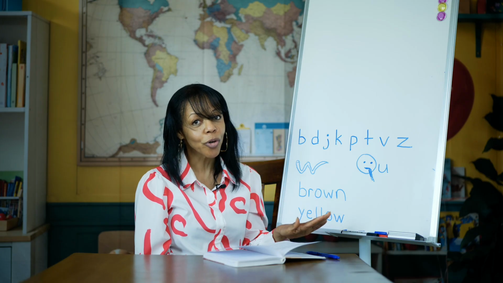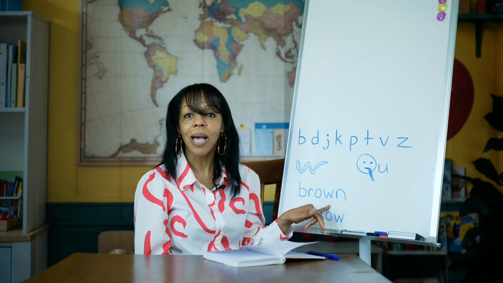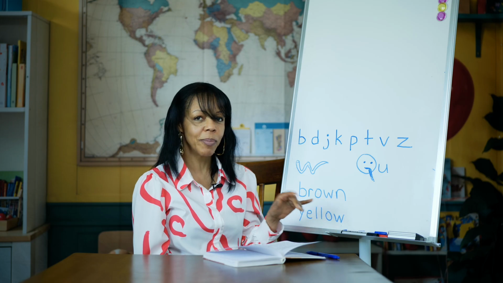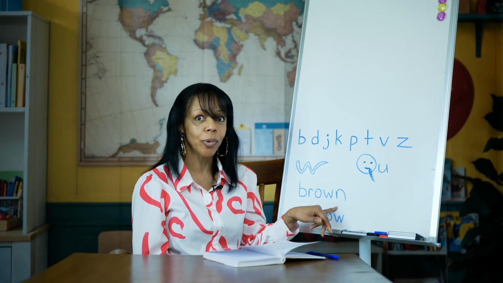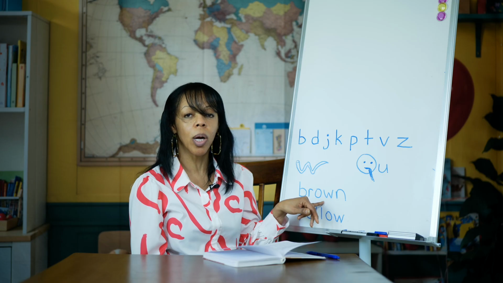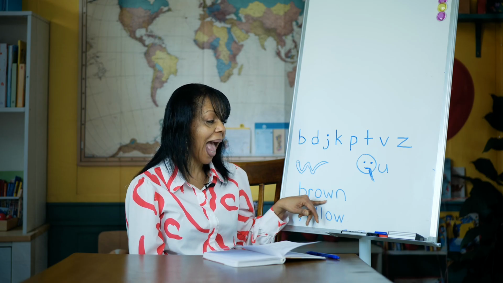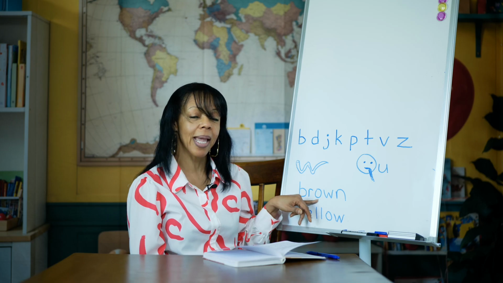But in some words, based on the placement of the W, it is operating as a vowel. Let me show you. In the word brown, you wouldn't sound that out with the W saying wa. It's operating as a vowel and making "ow," helping the O say "ow."